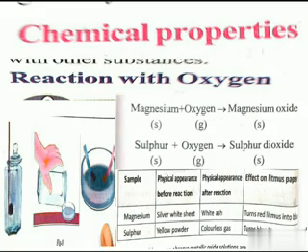The magnesium combines with the oxygen present in the atmosphere and we get magnesium oxide. Next, collect the ashes of magnesium in a test tube, add some distilled water to it, and test the solution with red and blue litmus paper and note the color change.